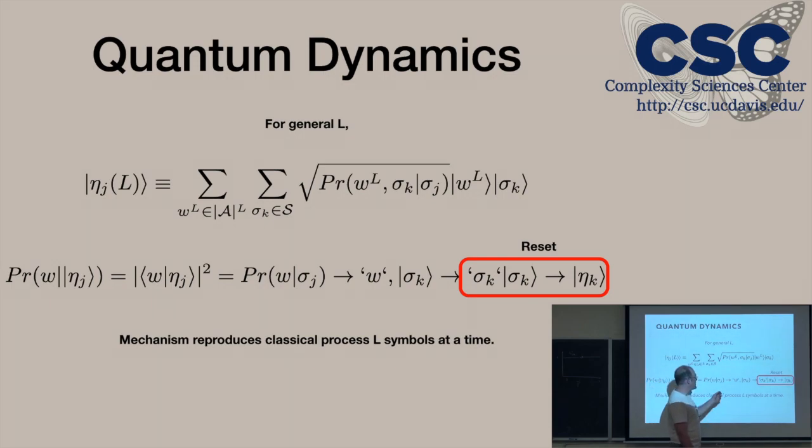And then what we do is, since this projector with a particular word has essentially met and annihilated with its partner word here, this causal state ket, or this quantum representation of the causal state, is carried on as a byproduct.